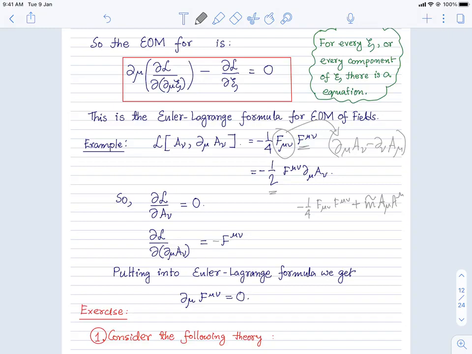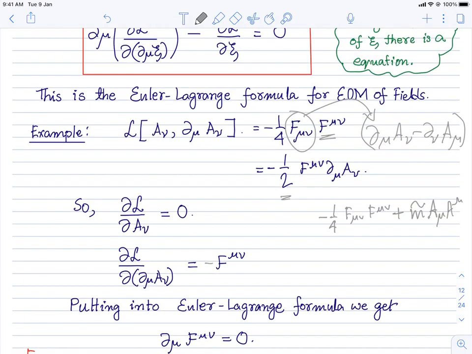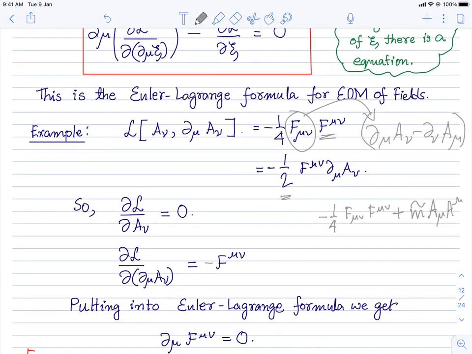Okay, you might want to write down a term like this. This term would be interpreted as the mass of the scalar field.